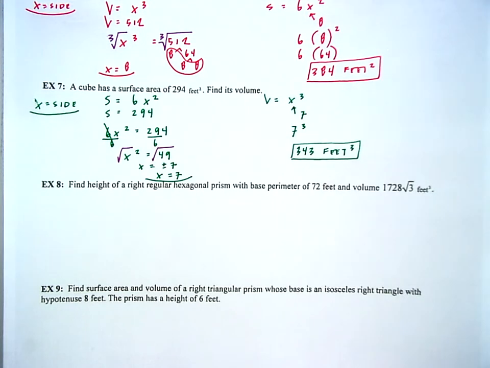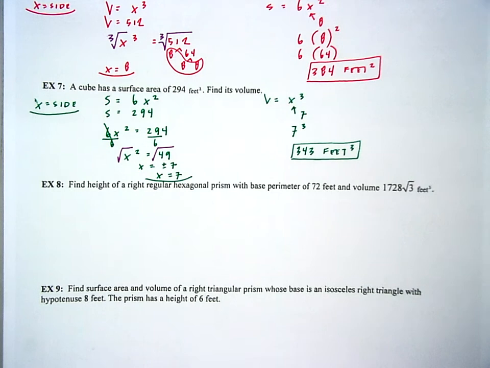All right, next up, find the height of a right regular hexagonal prism with a base perimeter of 72 feet and a volume of 1,728 times the square root of 3 cubic feet. Okay, so it helps if you can visualize it.